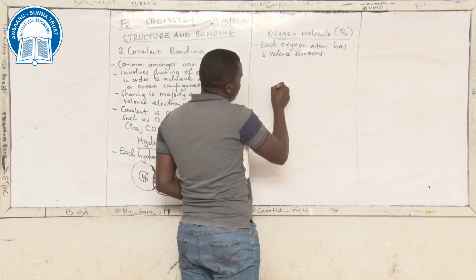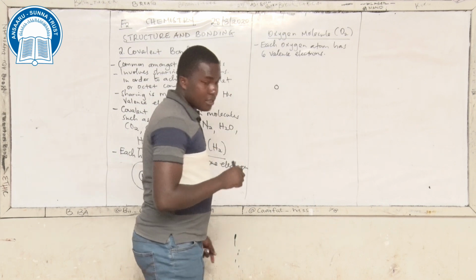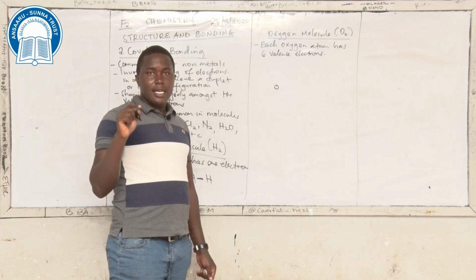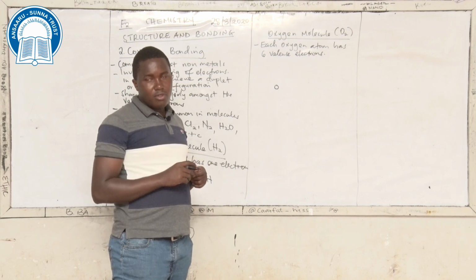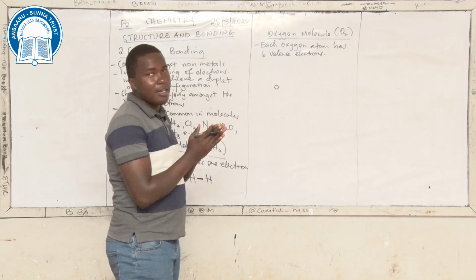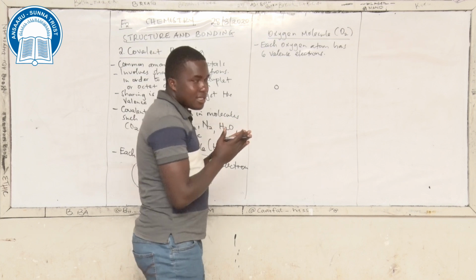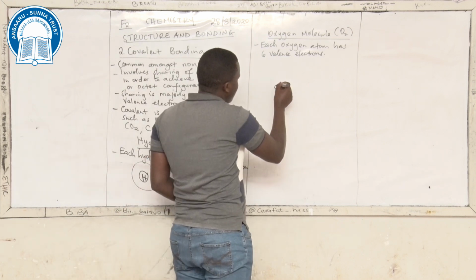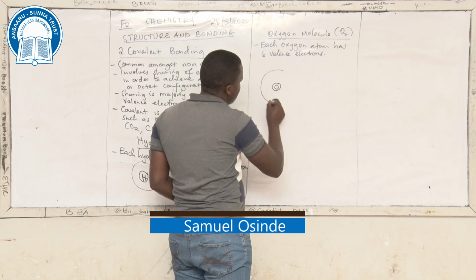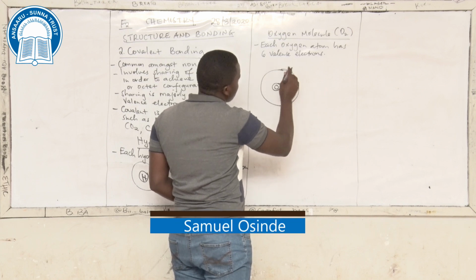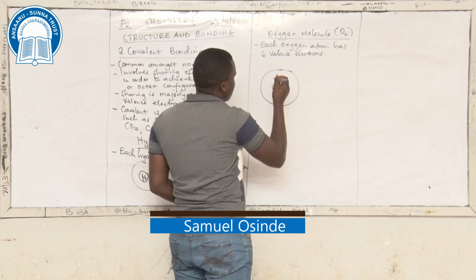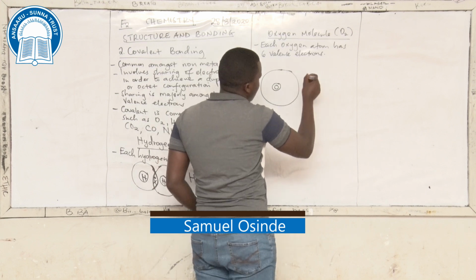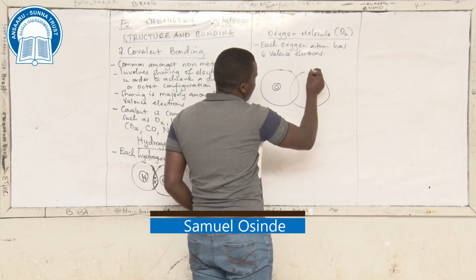For one oxygen atom, we only focus on the valence electrons, that is the outermost energy level. We are not going to look at the inner energy levels, because sharing takes place amongst the valence electrons only. So you draw one energy level, then you have another oxygen, and there will be some overlap.